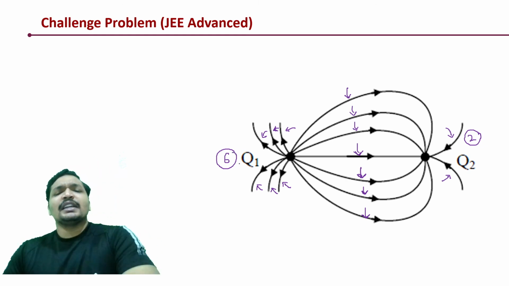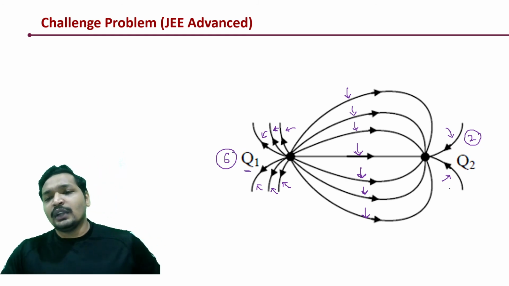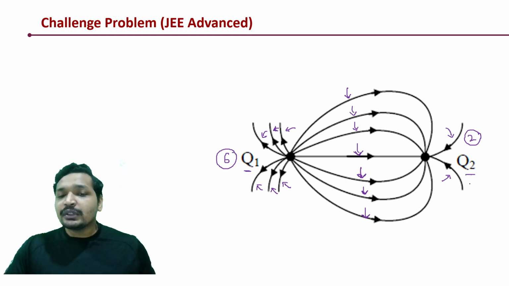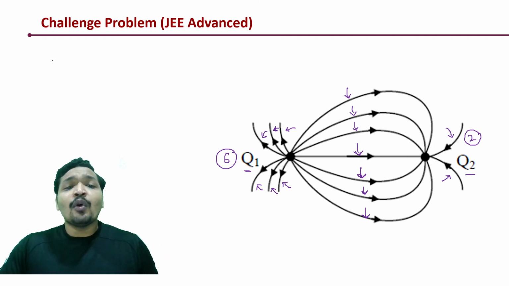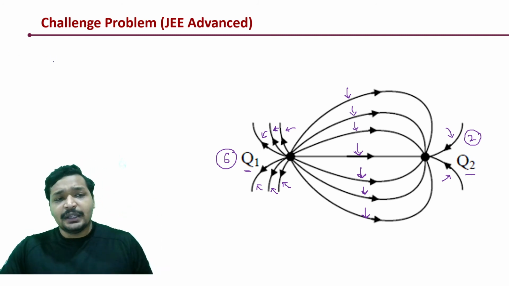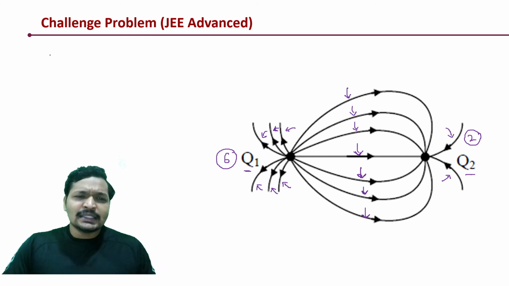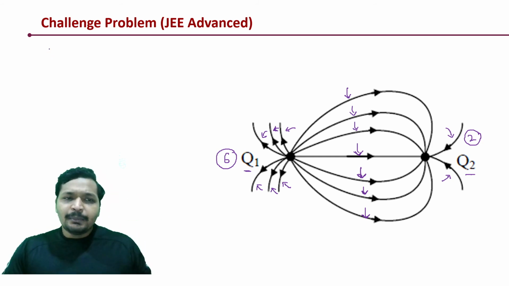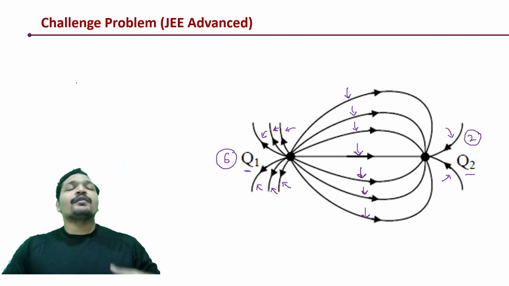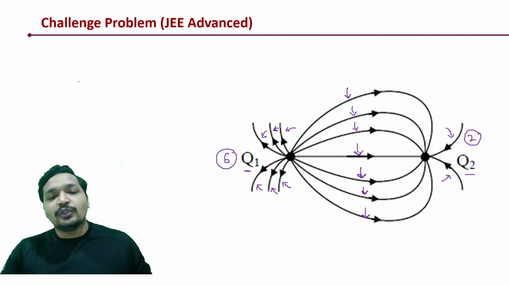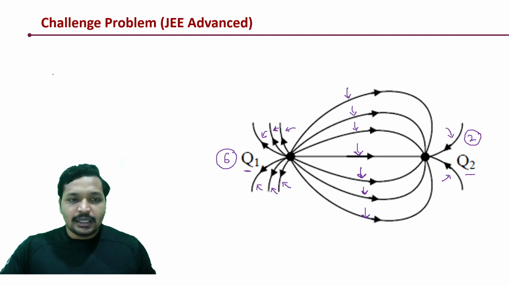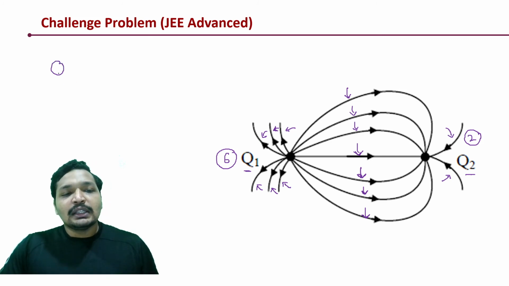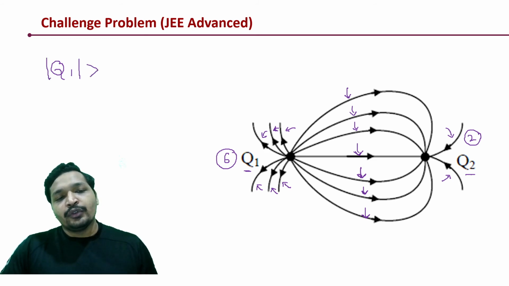That means if there are 6 lines on this side and 2 lines on this side, whose magnitude is greater? Whichever has more field lines exiting from it. In one case it's entering, in the other case it's exiting, and that's how they are able to have these lines. But whichever has more field lines entering or exiting would have more magnitude of charge. So we know that now the Q1 magnitude is greater than that of Q2.